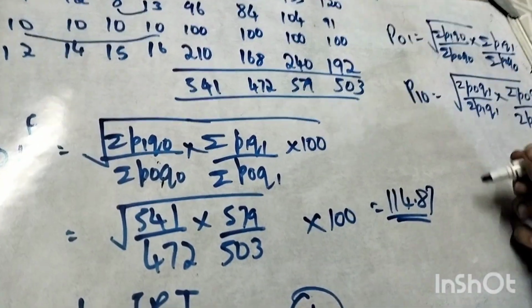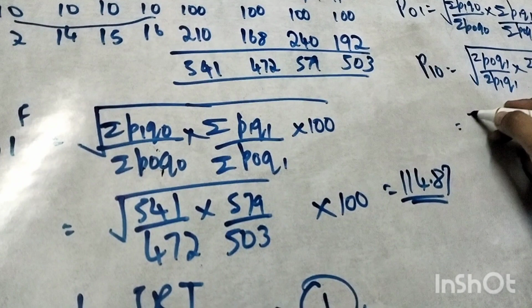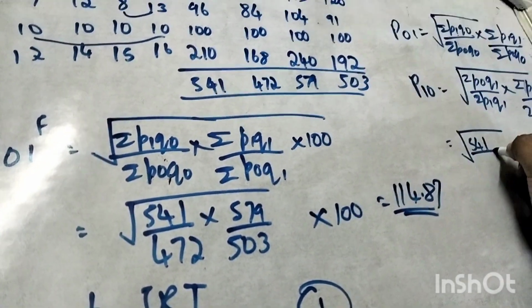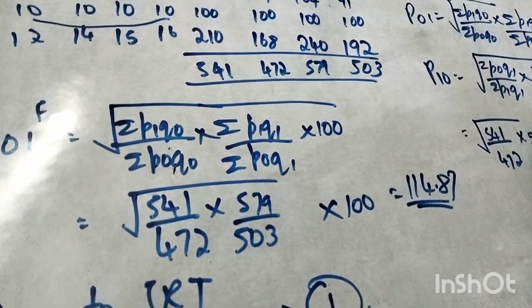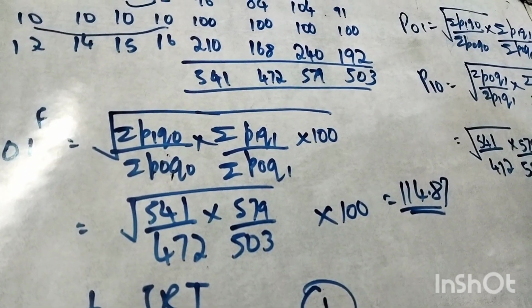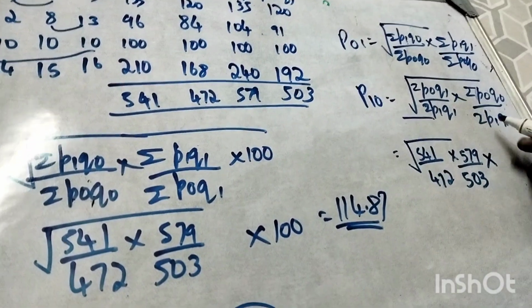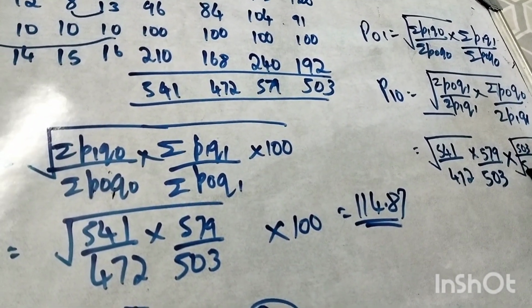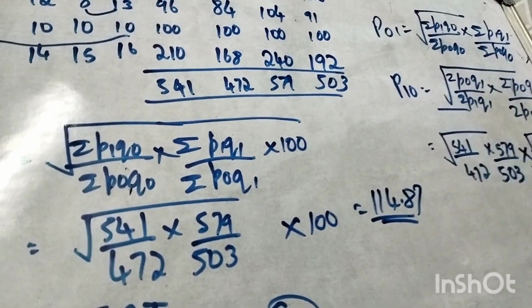You substitute this. P1 Q0 is 541, P0 Q0 is 472, P1 Q1 is 579, P0 Q1 is 503, into, and then you take this: 503, 579, 472 and 541.